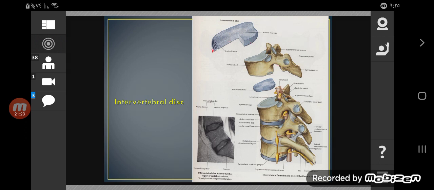The larger peripheral part we call the annulus fibrosus, and the central, smaller part the nucleus pulposus.